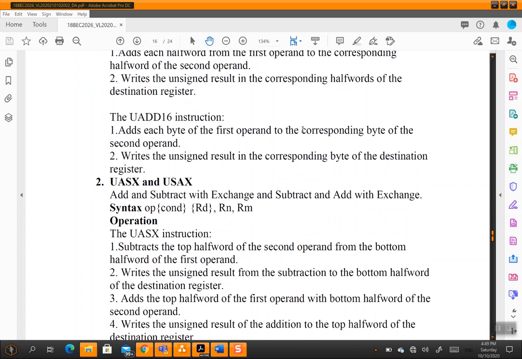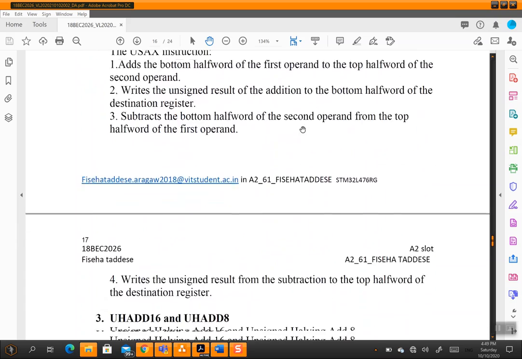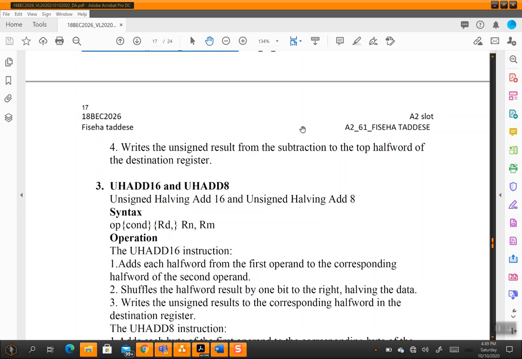Next, UASX and USAX are used to add and subtract with exchange and subtract and add with exchange. The next are UHADD16 and UHADD8, used for unsigned halving add of 16-bit data and unsigned halving add of 8-bit data.